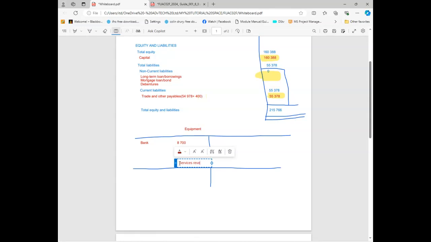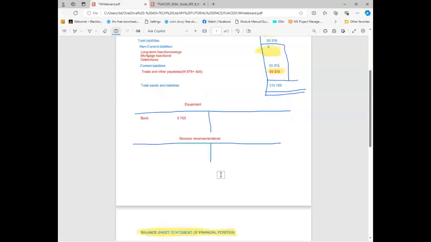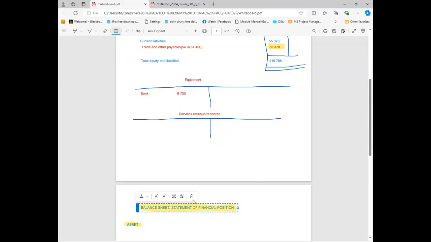So between the bank and the services rendered, which one must I debit and which one must I credit? Debit bank, sir. Credit services rendered. Perfect. So I'm gonna credit services rendered.